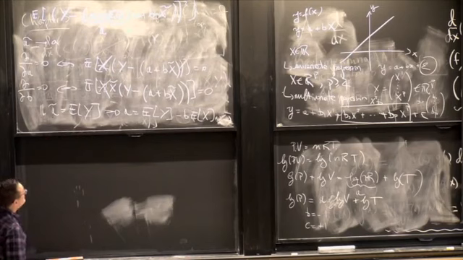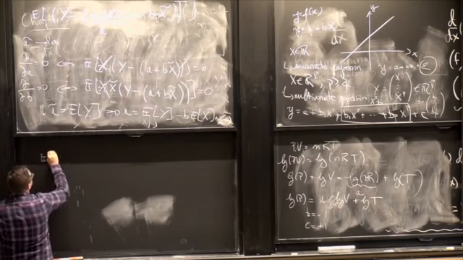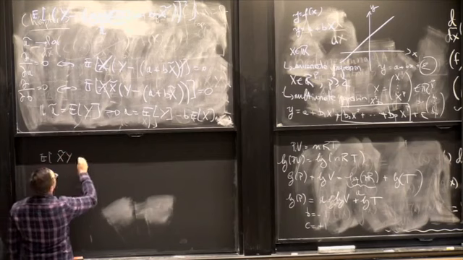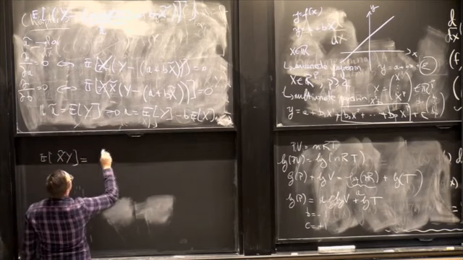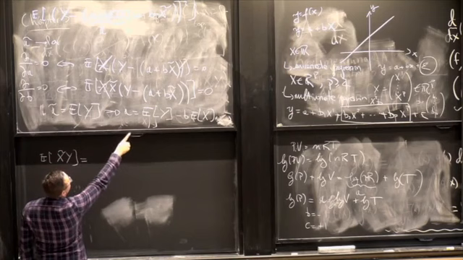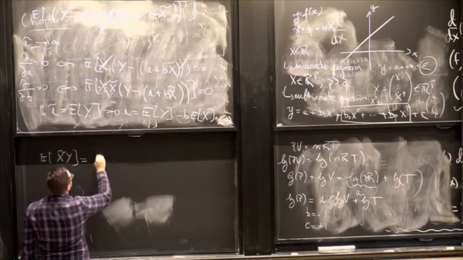And then for my b, I use the second one. So the second one tells me that the expectation of x tilde y is equal to a plus b times the expectation of x tilde, which is 0, right?